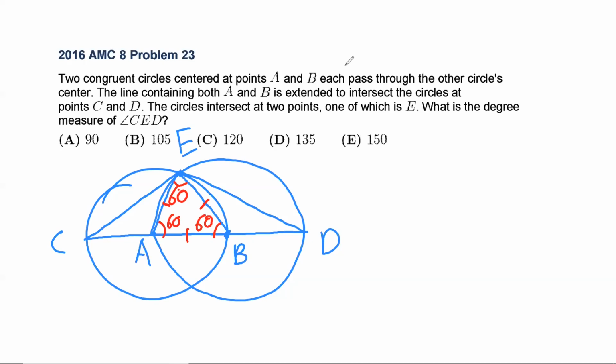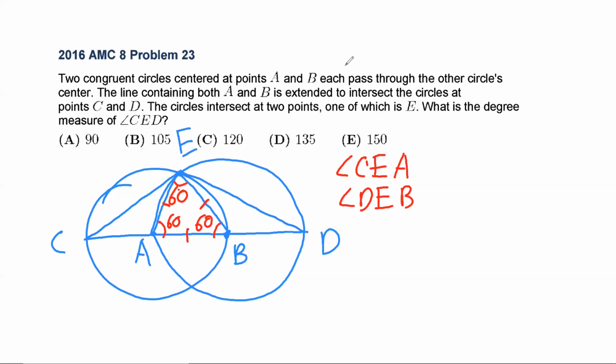So they're asking us for CED. So that means that we have to get angles CEA and DEB. And those two angles added to AEB, which is 60 degrees, will get the answer.